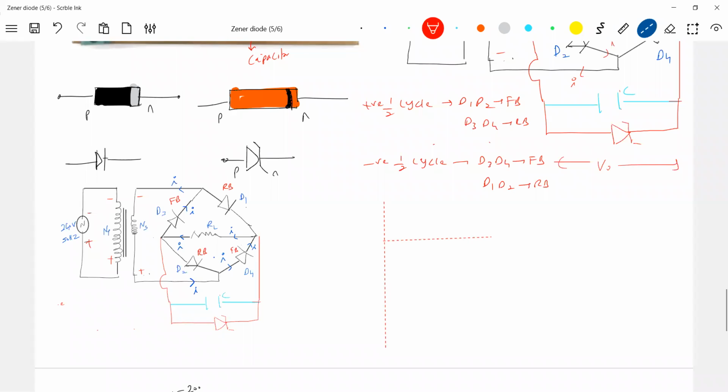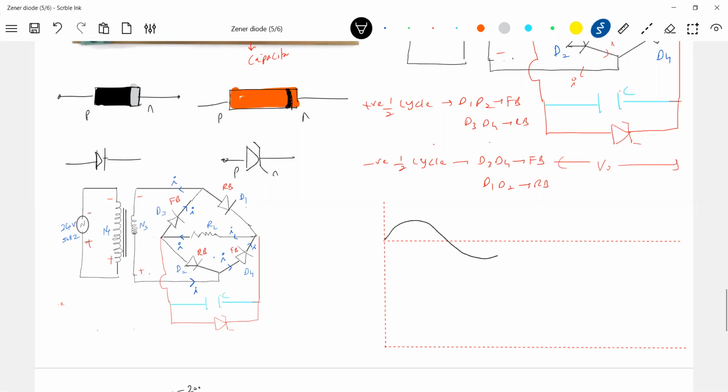we'll compare the input and output signals. There's the input signal. This is VL.